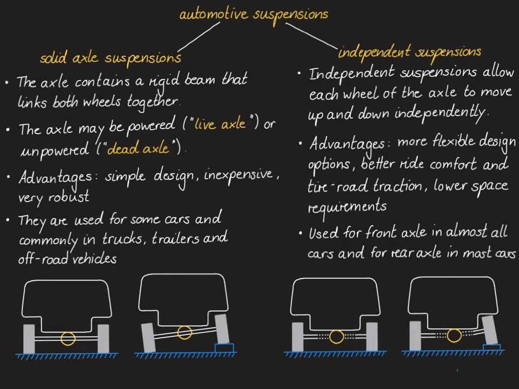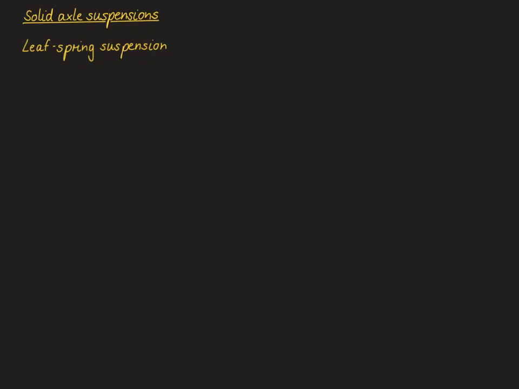Next, we'll look at some specific examples of solid axle suspensions and independent suspensions that are frequently used. The simplest way of attaching a solid axle to the vehicle chassis is to use a leaf spring suspension. The leaf spring suspension is a heritage from horse-drawn carriages, and it was very frequently used in early automobiles.